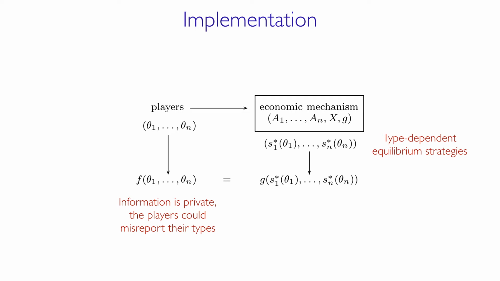In other words, starting from a social plan, we design an economic mechanism that, when the players play their equilibrium strategies, leads to the same outcome of the social plan.